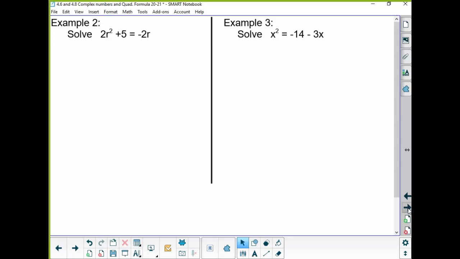What I'd like to do is give you guys about 6 minutes to see how far you can get on these two problems. And I'll tell you right away, we're going to use the quadratic formula on them. Also make sure that you first do the first step, which is making it equal to 0.